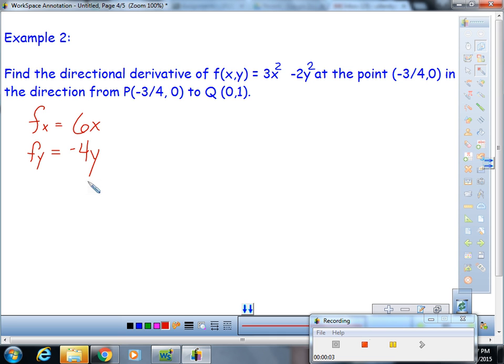And we're going to need to find PQ. So it's Q minus P. So that's 0 minus a negative 3/4, which is a positive 3/4. And 1 minus 0, which is 1. Is that a unit vector?